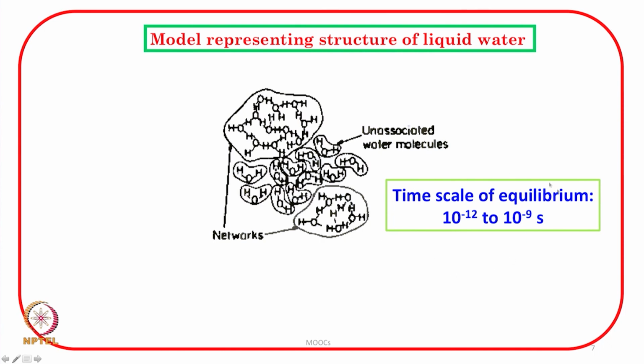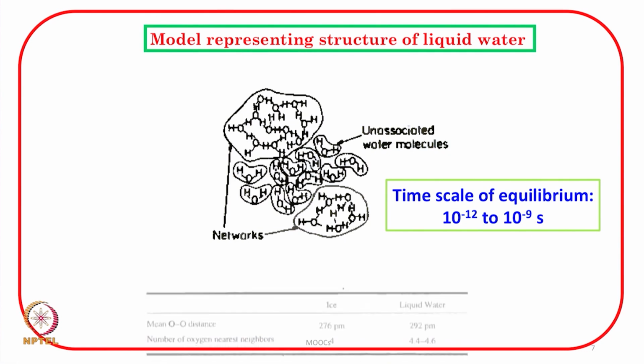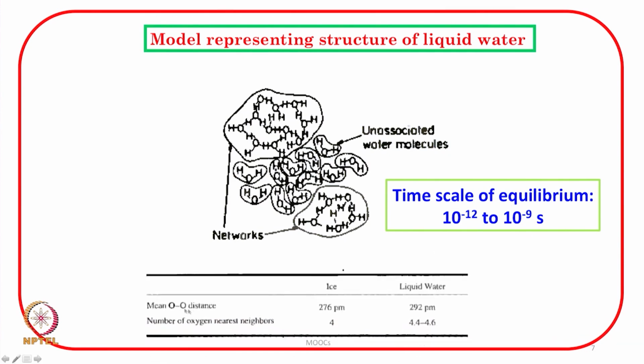And the time scale of equilibrium is of the order of 10 raised to the power minus 12 to 10 raised to the power minus 9 second. This table shows the mean oxygen distance in ice and liquid water, and the number of oxygen nearest neighbors. In ice we discussed it is 4, and in liquid water various experiments suggest that this is about 4.4 to 4.6.